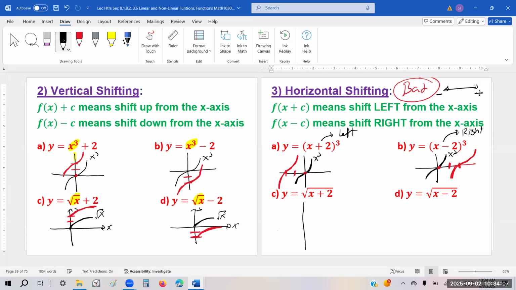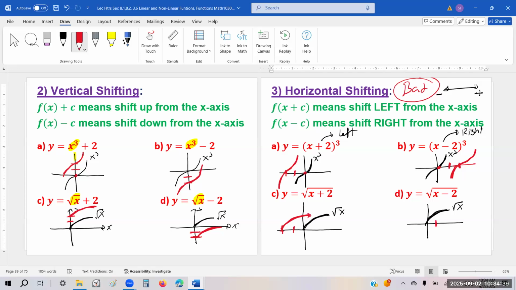My favorite is either absolute value or square function. So this is square root, the original one. You go 1, 2 left here, and do the same square root graph.